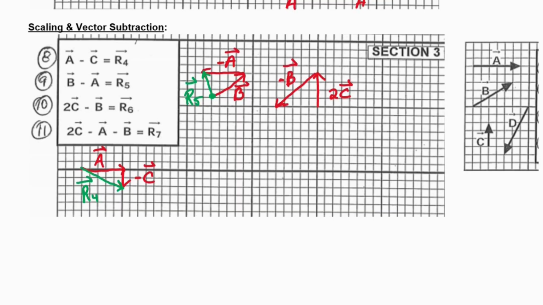And that gives us resultant vector r6. All right, and on to number 11, we have 2c minus a minus b. Okay, so we have 2c minus a minus b, and that gives us a resultant vector of R7.